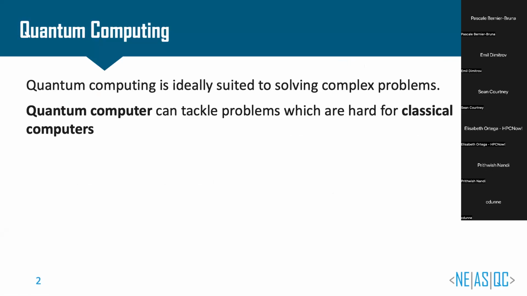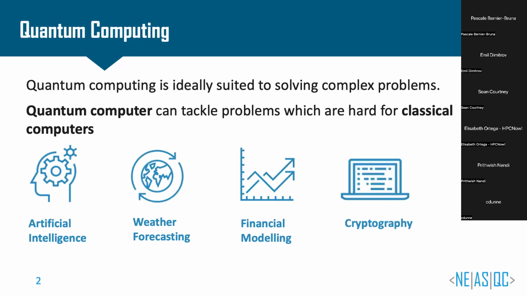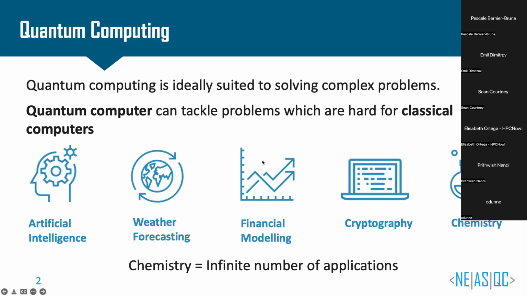That makes quantum computation very suitable for a variety of applications, for example artificial intelligence, weather forecasting, financial modeling, even cryptography, and of course chemistry. Why chemistry? We can provide a number of reasons, but mainly chemistry has an infinite number of applications that go from medicine to pure synthesis to material science.